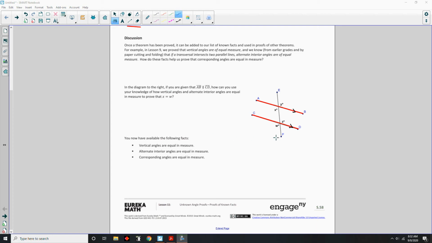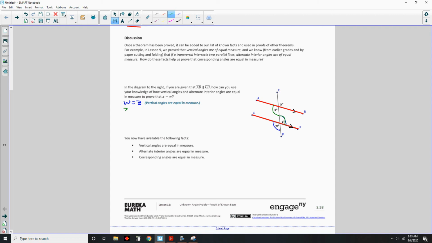Okay, so since we know vertical angles are congruent, I could start off by saying angle W and angle Z are equal. So I could say W equals Z, and the reason: vertical angles are equal in measure. Okay, so once we do that, focusing on alternate interior angles, here's Z, here's X, they're alternate interior.